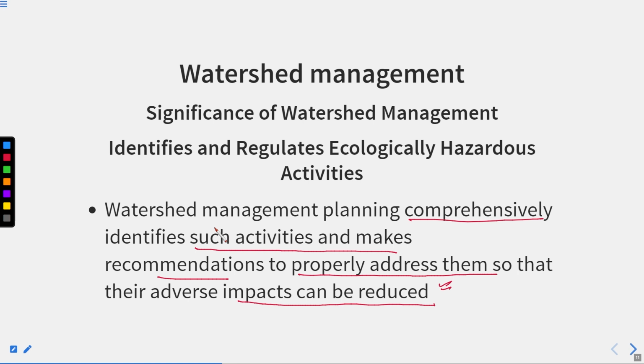If they identify any type of activity that is causing severe damage to any of the organisms or the ecology of any water body or any natural resources, then they will come with some recommendation that this thing should be done or this thing should not be done. That recommendation will help in establishing a well developed ecological system while following the watershed management planning.